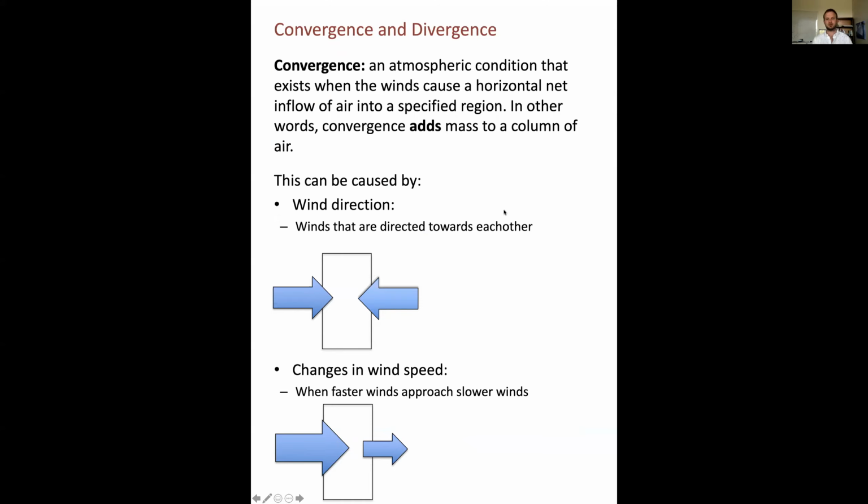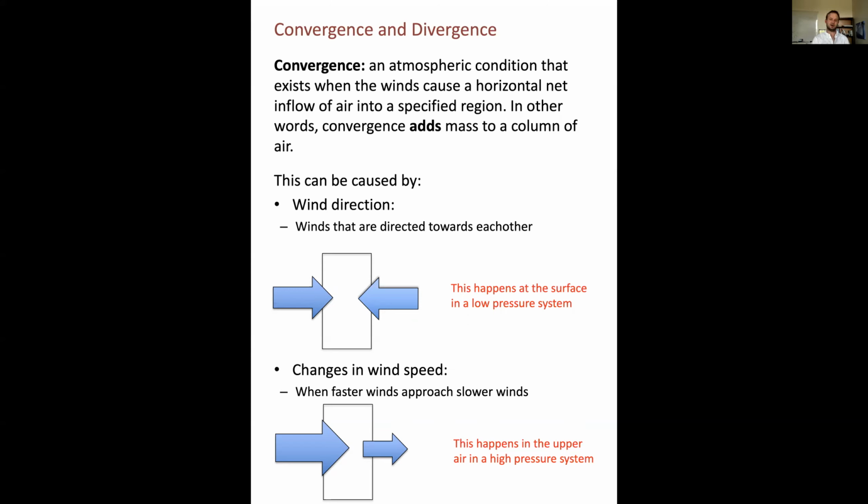So convergence can be caused by two different processes. The wind direction changes, so winds are directed towards each other. That's what happens at the surface low pressure system. Or changes in wind speed, and that's what happens in higher levels. Okay, so we've seen that this convergence, these winds coming towards one another, happens at the surface low pressure system.